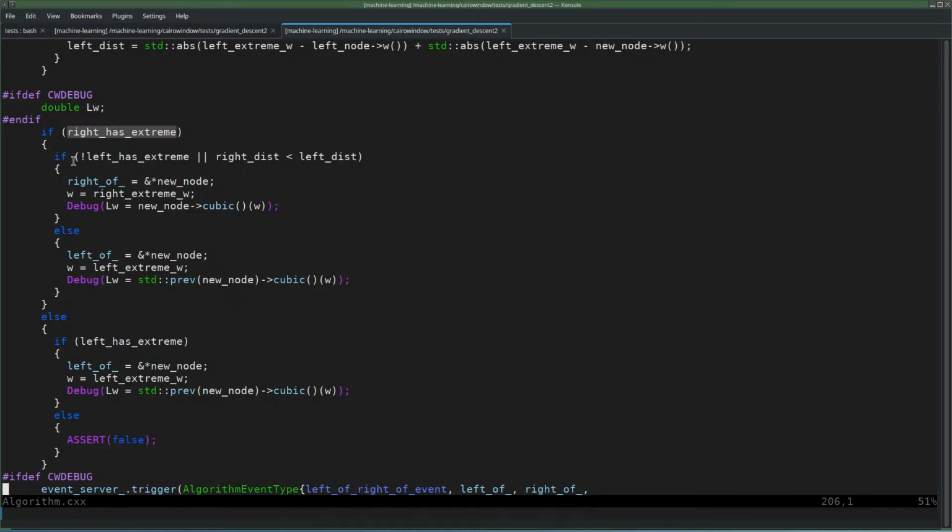And if left does not have an extreme, then the right off becomes the new node. And the reason is that I might actually be wrong. This used to be correct, but I think it's not correct anymore. Okay, let me think about this.